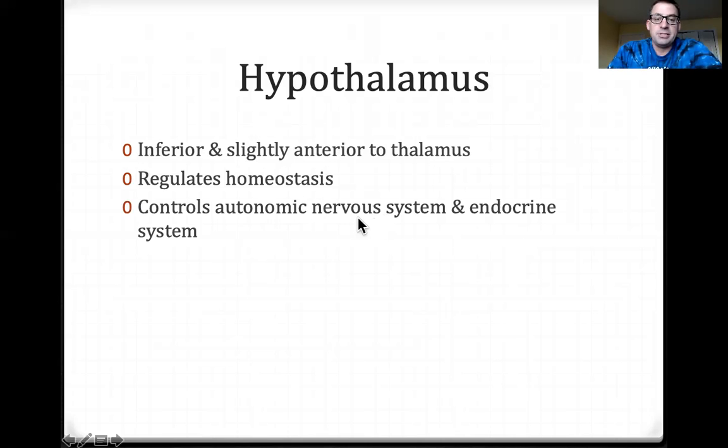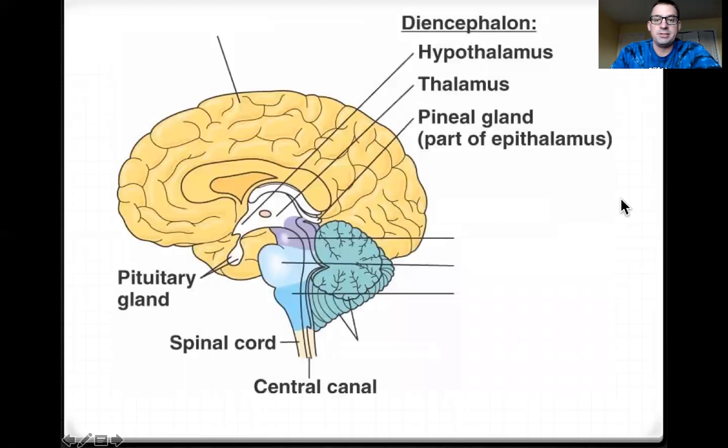So it regulates homeostasis and it controls the autonomic nervous system, which is the division of the nervous system that you don't have conscious control over, that controls things like your blood vessels dilating, your pupils dilating, those kinds of things. And it also controls the endocrine system that produces our hormones that help to keep us in homeostasis.